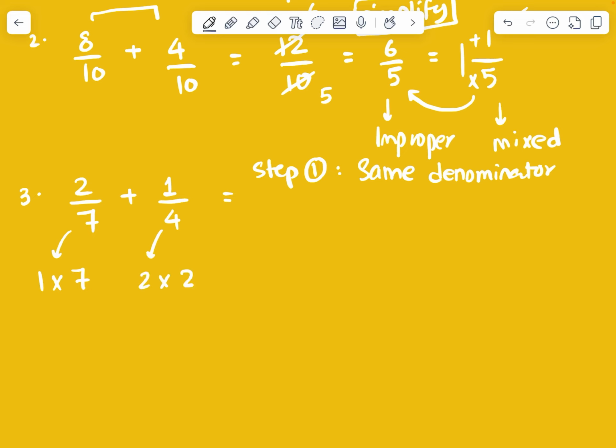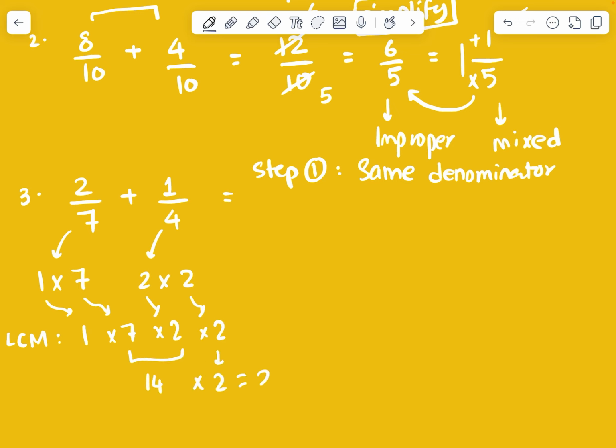Nothing simpler than that. Now the LCM in this case would be 1, not that it makes a difference, times 7, times 2, times 2. That's 14. 14 times 2 is 28. So in this case, I have to multiply 4 by 7. Whatever I do at the bottom, I have to do it at the top.